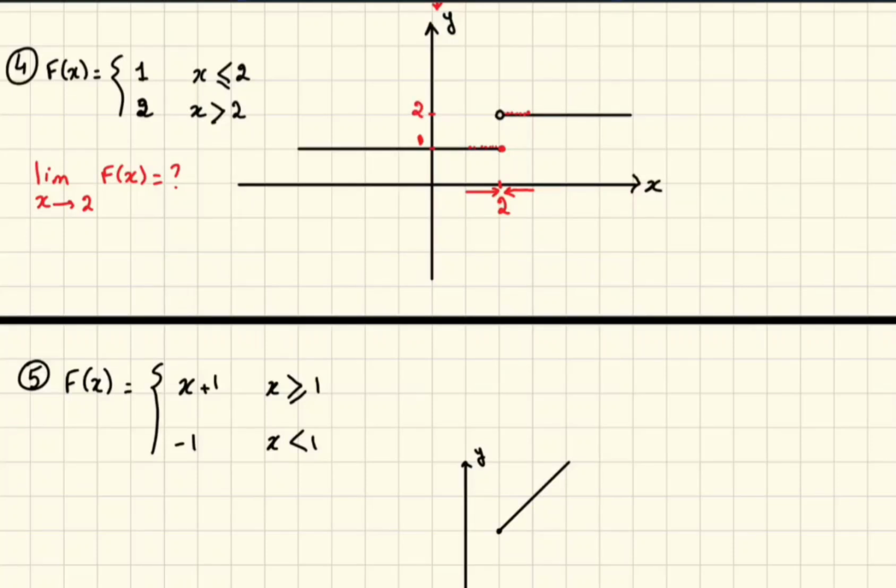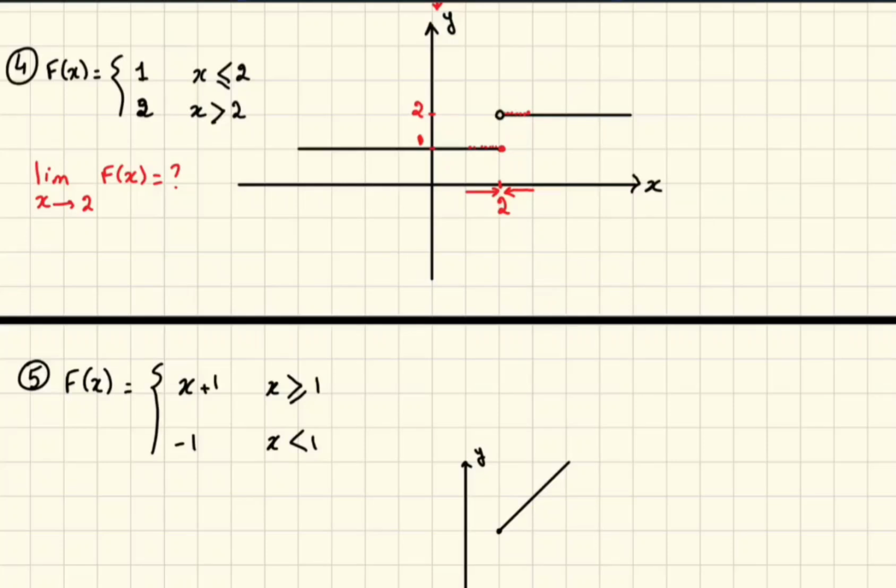Now, since the function is approaching 2 different values as x approaches 2, when I check as x approaches 2 from the right, the y values are going to 2. When I check as x approaches 2 from the left side, I can see that the points are going towards the point that has a y value equal to 1.